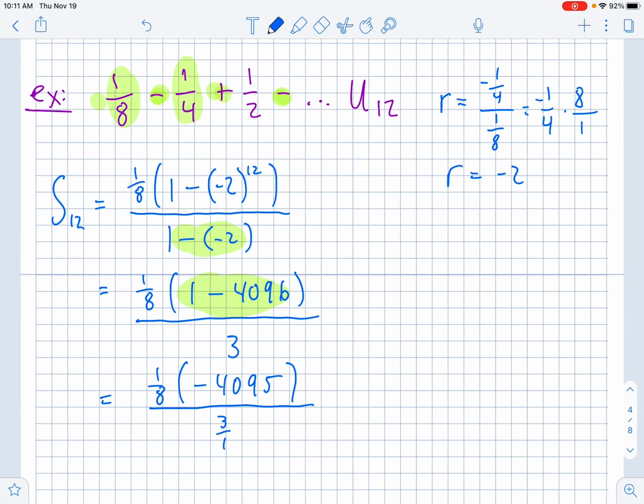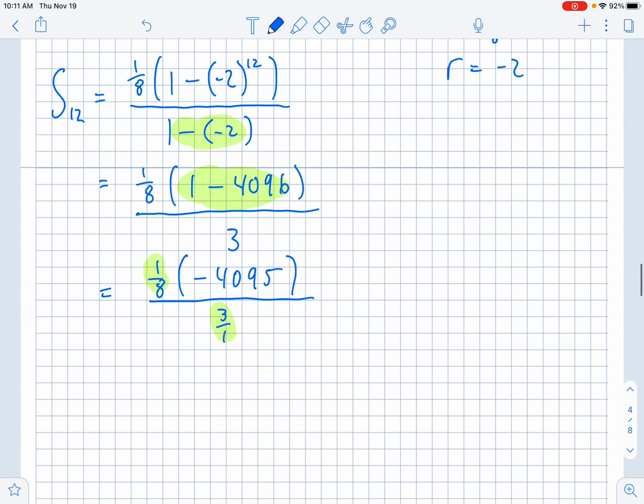If you think of the 1/8 being divided by 3 over 1, you do your little multi-flip, flip the bottom denominator, which means this would be 1/24 times -4095. And then when you multiply that out and simplify, I believe the top and bottom are both divisible by 3. So this means S12 equals -1365 all over 8.